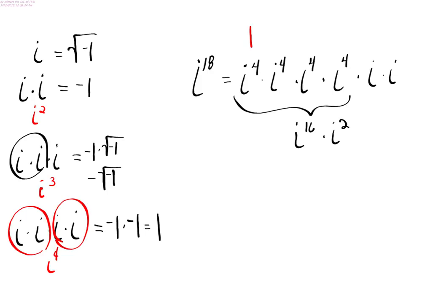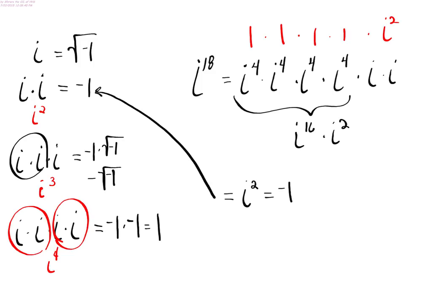This was like saying 1 times 1 times 1 times 1 times i squared. So that would be equal to i squared, and what's i squared equal to, guys? i squared is equal to -1. So i to the 18th power is really -1. And that's what it means to be imaginary.